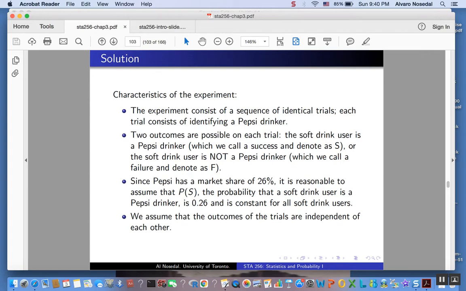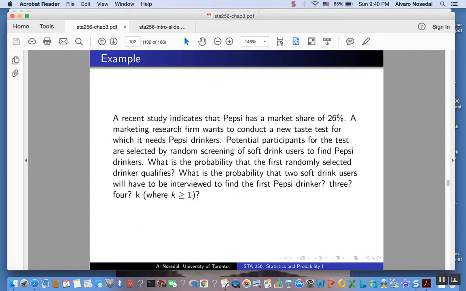Finally, we assume that the outcomes of this random experiment are independent. So soft drink users are assumed to be independent. Now that we have discussed the characteristics of our random experiment, let's try and answer these questions.